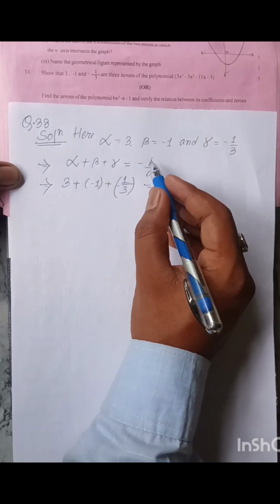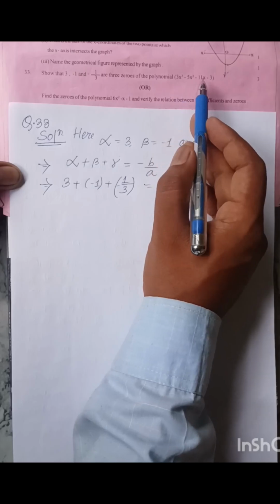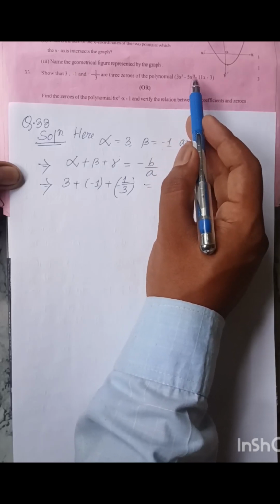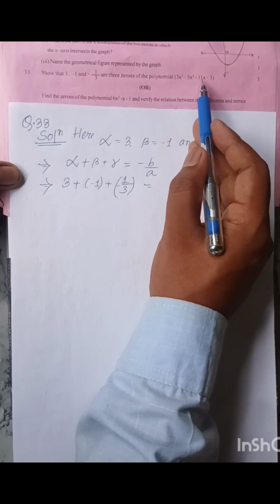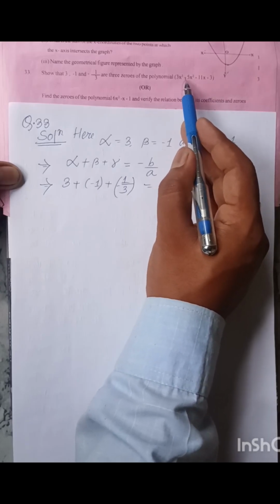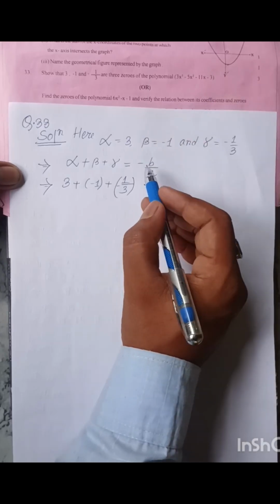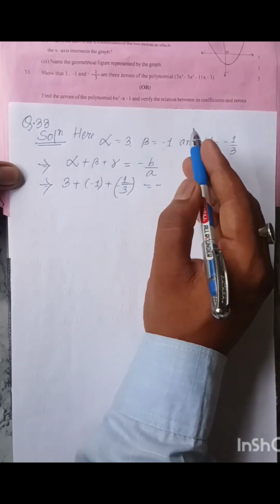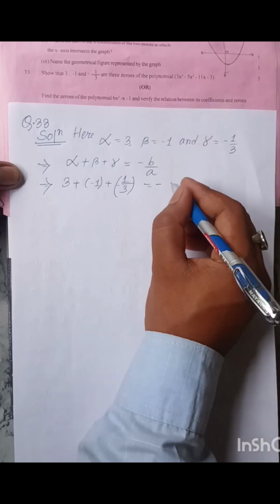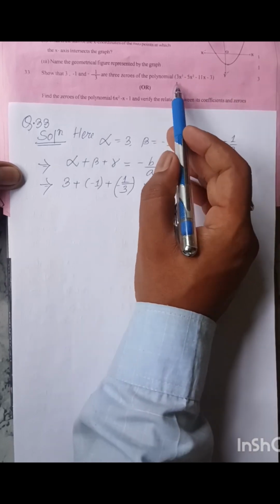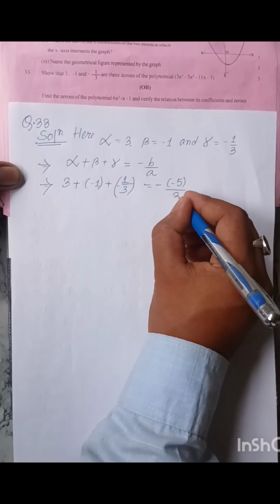Here we have a, b, c and d: the coefficient of x cube is 3, the coefficient of x square is minus 5, the coefficient of x is minus 11, and this is the constant term. So in our formula we have minus b by a, where b is minus 5 and a is 3.